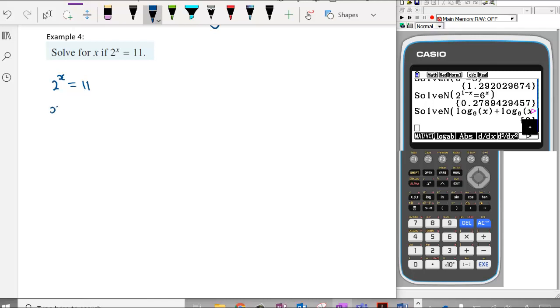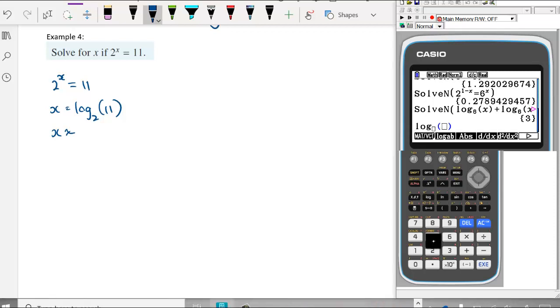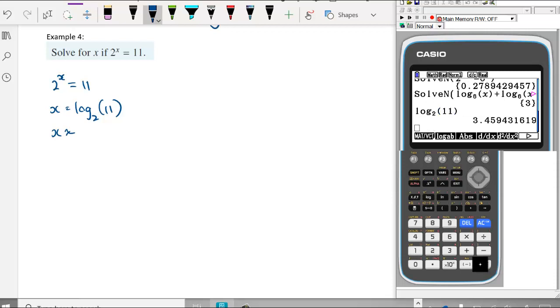We say the exponent is equal to log of base 2 of 11. So x will then be approximately log base 2 of 11. So 3.46 approximately. I'll fix up my squiggly equals, much better.